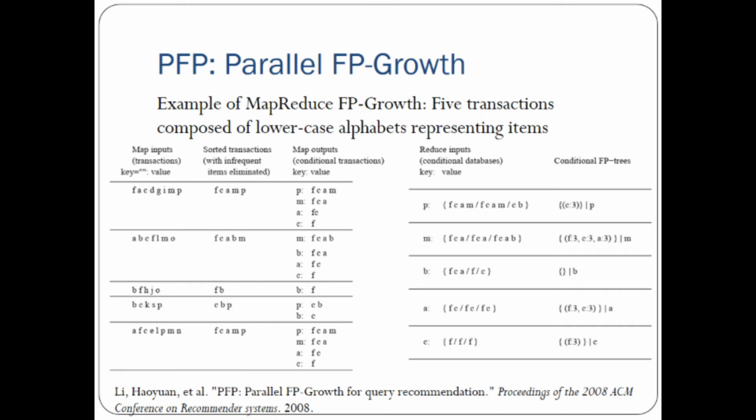Did you get it? So these items that we are talking about, F, C, A, M, belong to this type of items. You purchase a laptop and a laptop bag, so probably you will also purchase a pen drive, or some laptop table.